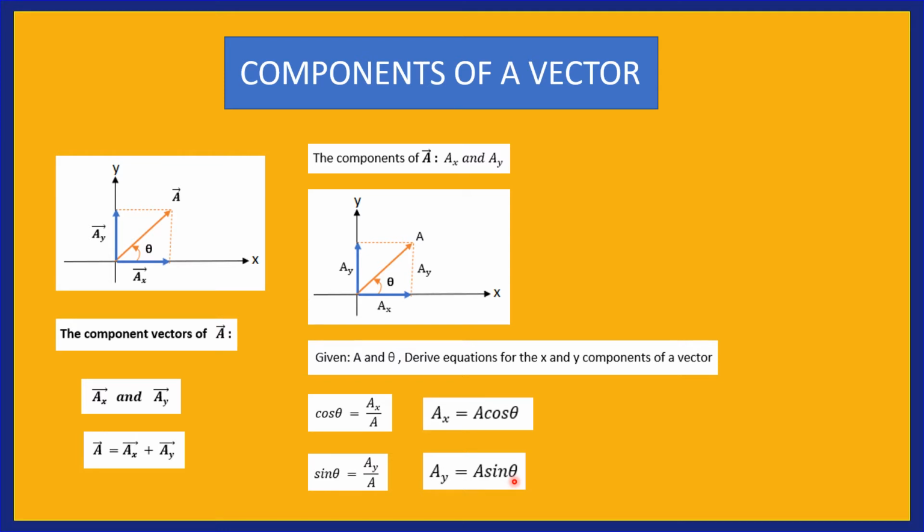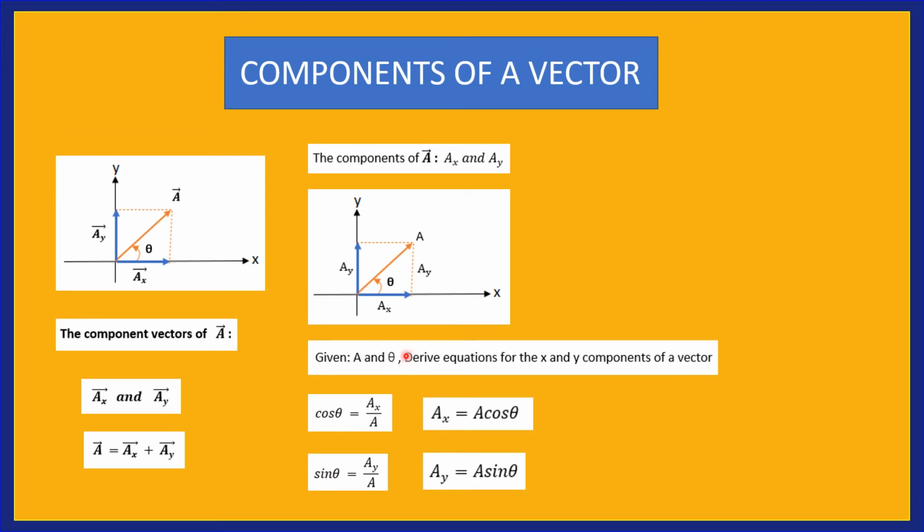Now in this case, since vector A lies in the first quadrant, both components are positive. A_x is to the right, and to the right means positive component. Then we have an upward y component A_y, also positive. Upward is positive, downward is negative, and to the left is also negative.